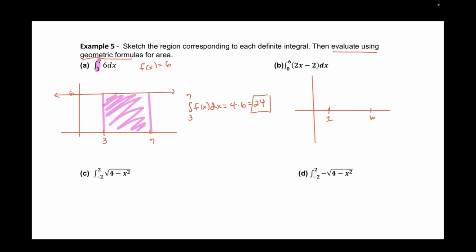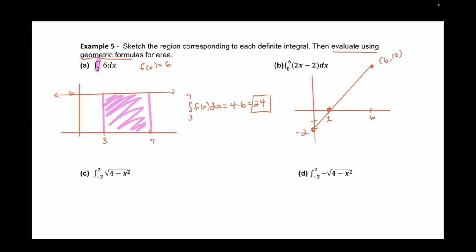And we're going from 0 to 6. So if I plug 0 into here, I get -2. When I plug in 1, I get 0. And when I plug in 6, 2 times 6 is 12, minus 2 is 10. So this is going to be the point 6, 10.